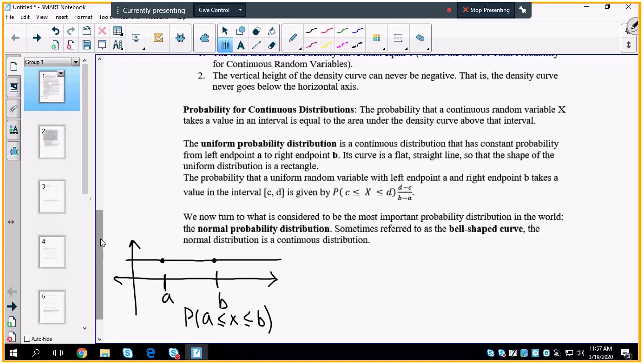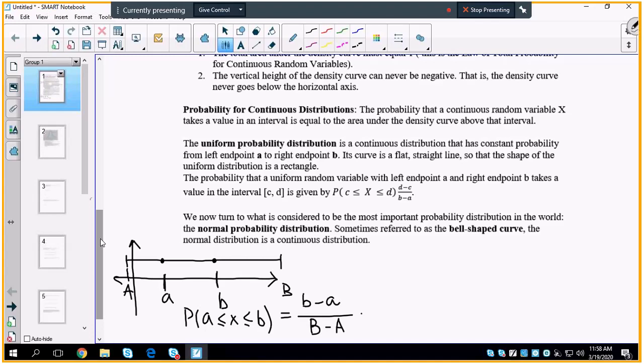So for example, say my probability distribution is defined from capital A to capital B, then the probability that I am between small a and small b is the length of the straight line from small a to small b, which is b minus a, over the total length of the uniform probability distribution, which is capital A to capital B, and that length is B minus A. And that's how we are going to understand the uniform probability distribution. If it is not making very clear sense, don't worry about it.